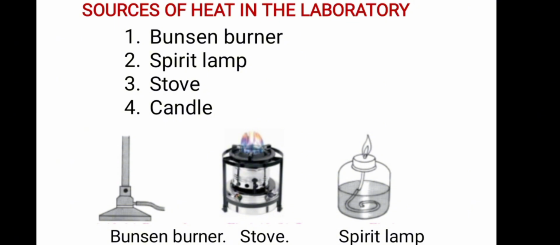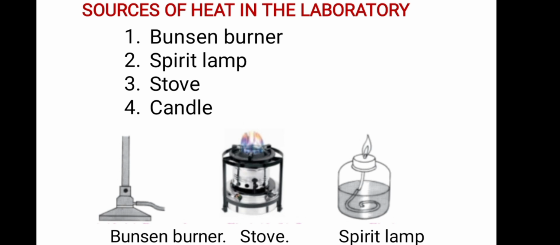One of the things that we do in the lab is to either heat or boil, or we burn some things to produce a required result. And basically in the laboratory we have 4 main sources of heat, meaning things that we use to generate heat in the lab.